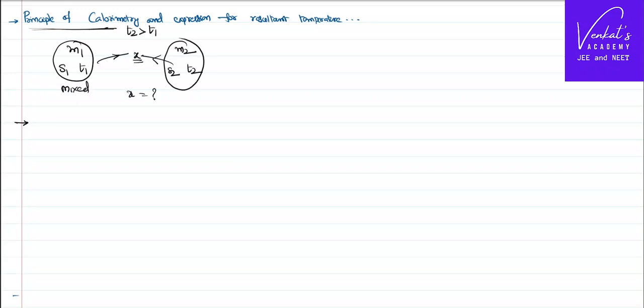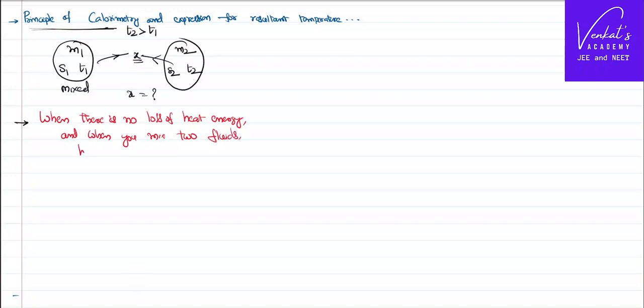So what the principle of calorimetry says is, when there is no loss of heat energy in any way for any reason, when you mix two bodies or two fluids, the heat lost by the hot body is the heat gained by the cold body.